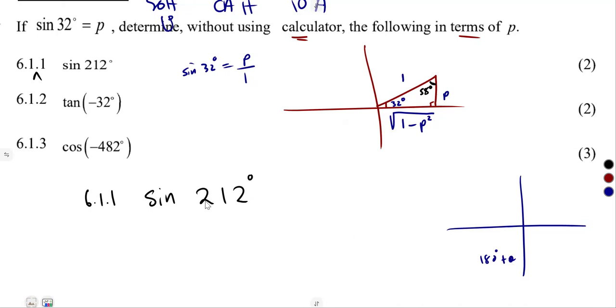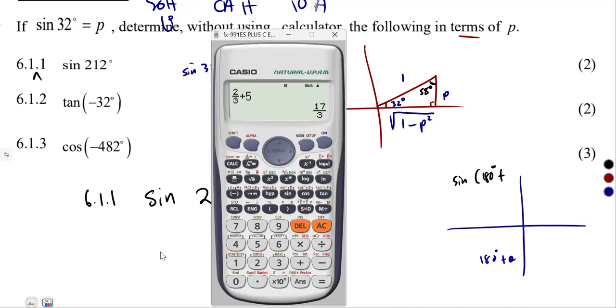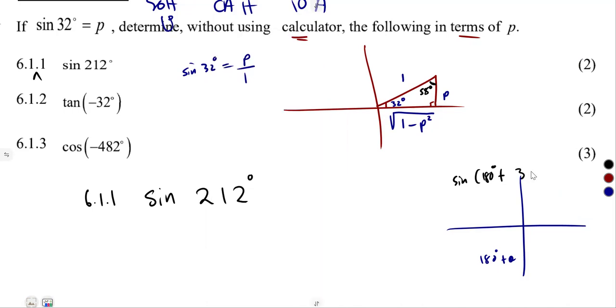So it would be sine of 180 degrees plus what to get 212? It's simply 212 minus 180, which is 32. And we have got 32, so it is good for us to use that. We test, guys, all right? So we are going to use this part.